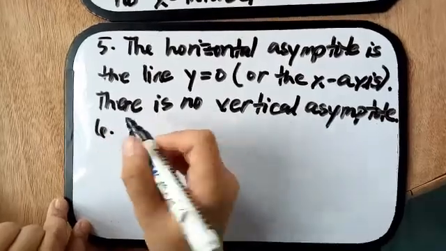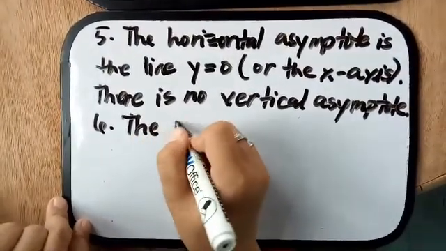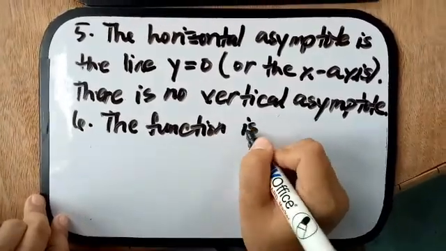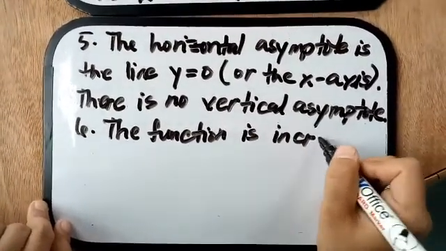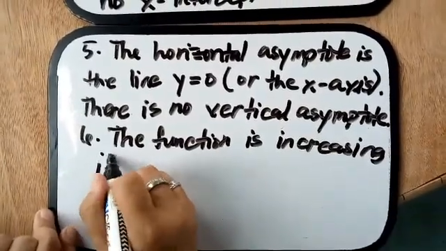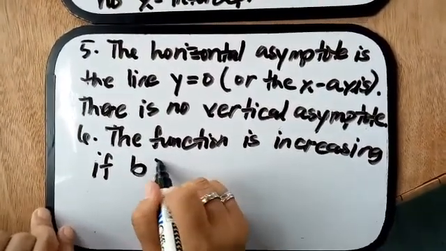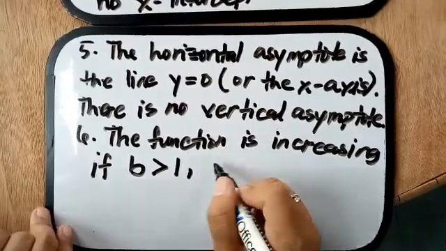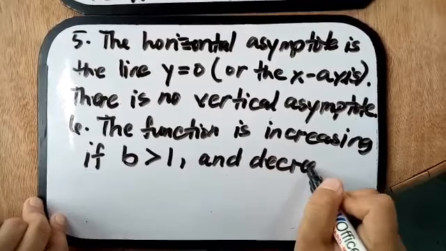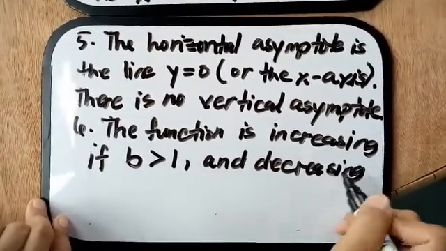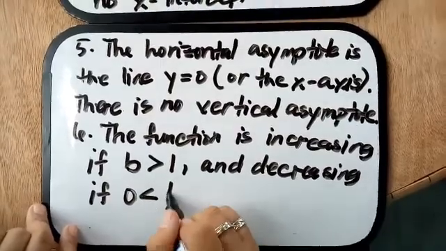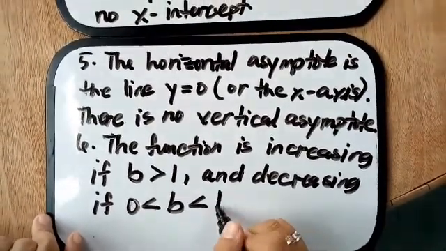And last but not the least, the function is increasing if b is greater than 1 and decreasing if 0 is less than b and b is less than 1.